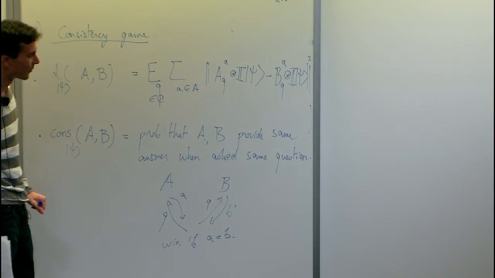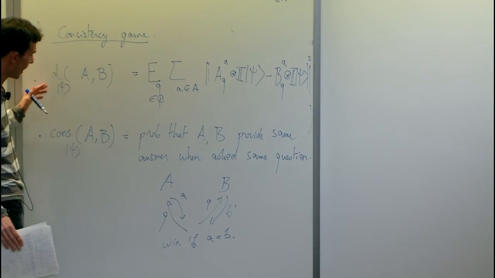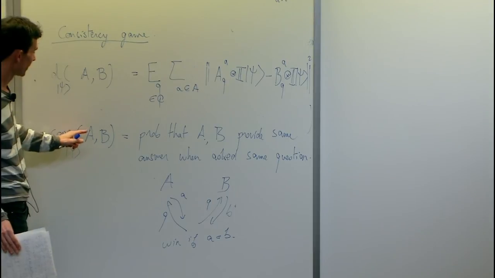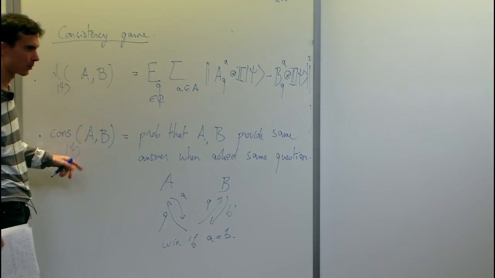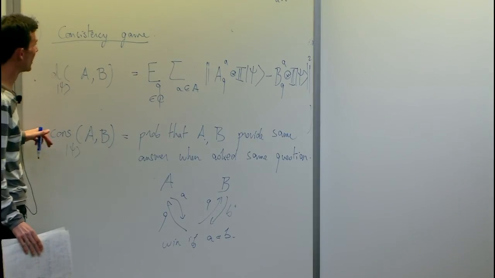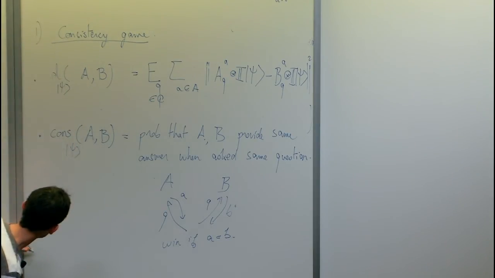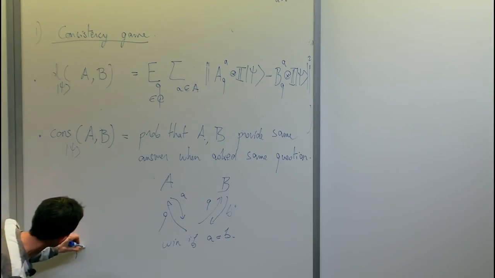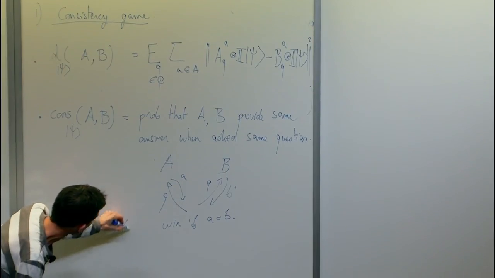So I should qualify what I said before. The equivalence is between this being small and both this and the AA quantity, under the assumption that the AA quantity is large. So the lemma or the claim is: suppose that A is a nice strategy in the sense that it's consistent with itself.